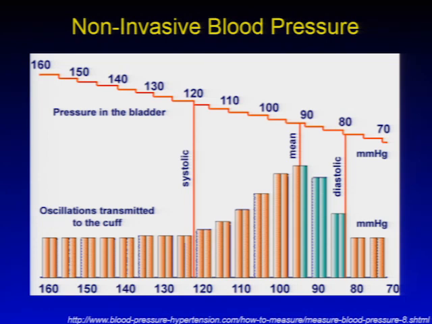That's the time you measure as the systolic blood pressure. Then the oscillation is highest at the mean arterial pressure. And then at the time immediately before the oscillation is flattened, that's called the diastolic pressure.